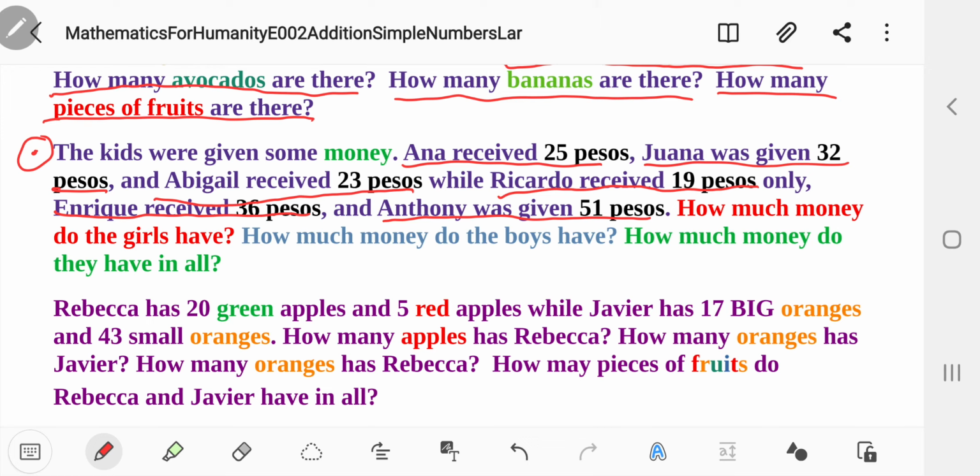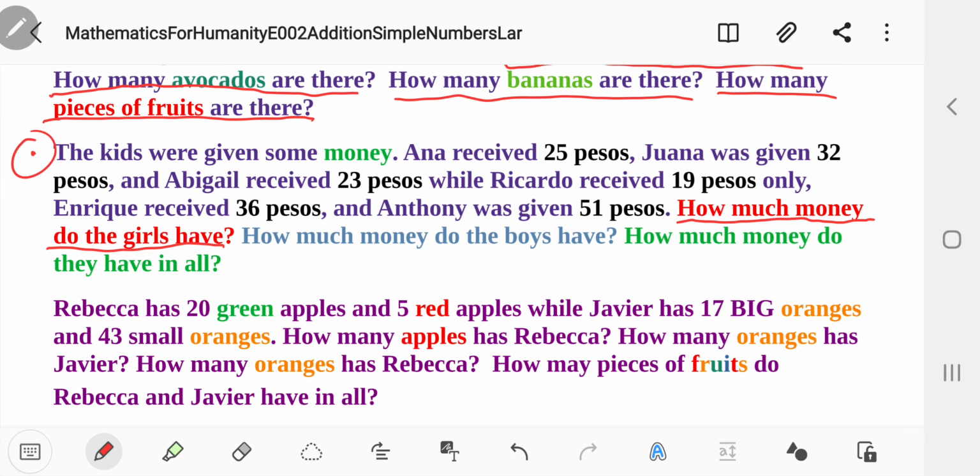And now the questions are, how much money do the girls have? So who are the girls there? We have Anna, Juana, and Abigail. And then the next question is, how much money do the boys have?